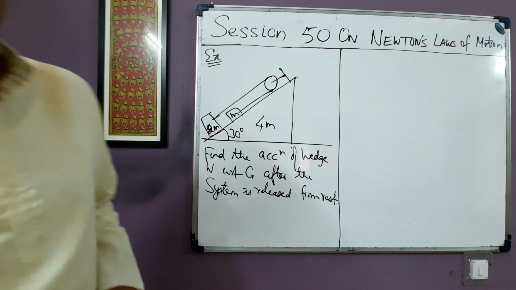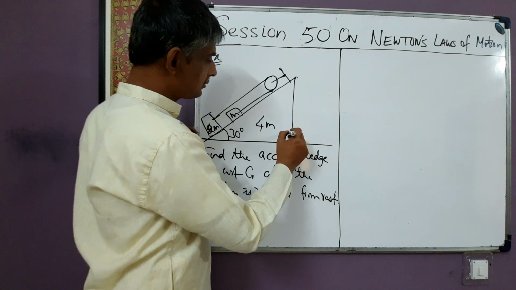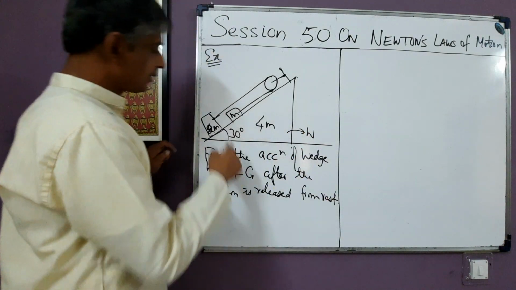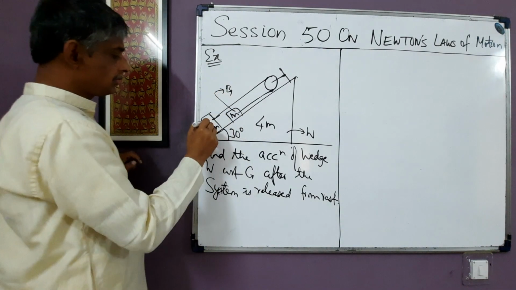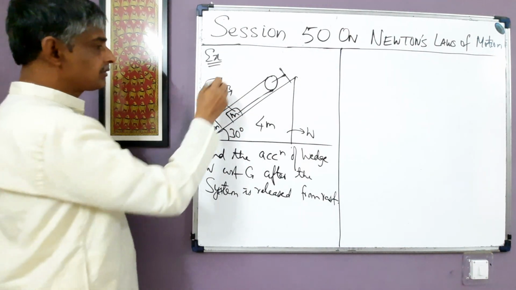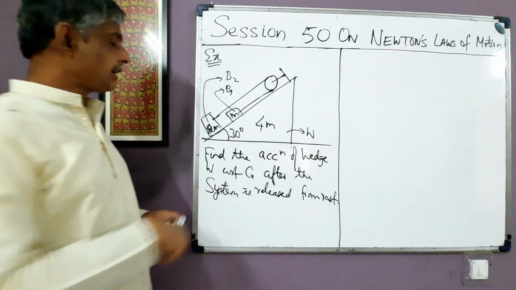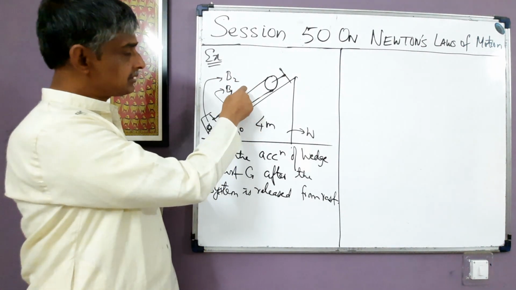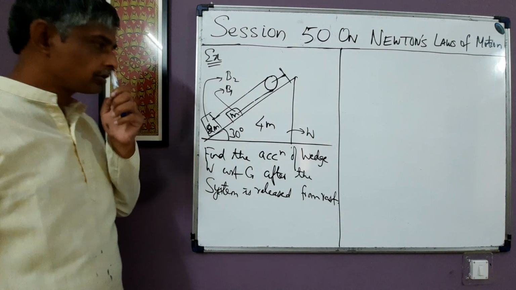Okay, fine. So this is the wedge W. This block of mass m we call it, say, as B1. This is a block of mass 2m which we call as B2. And both these string segments are parallel to the inclined surface of the wedge. So this is the question.